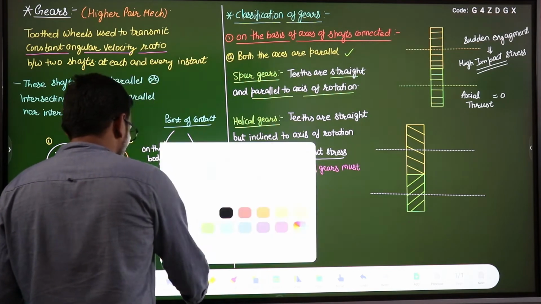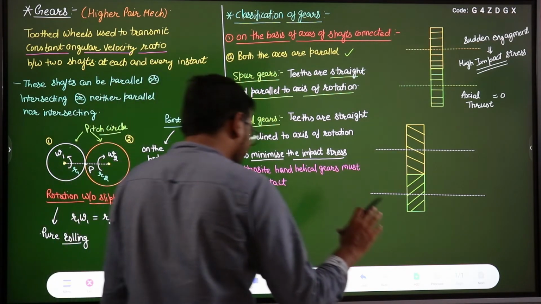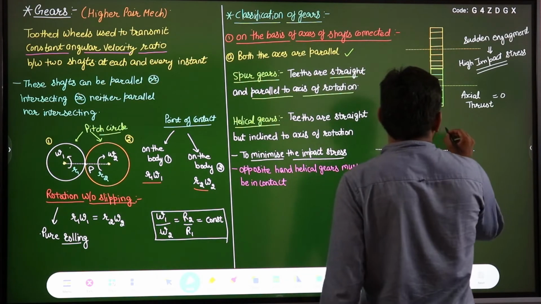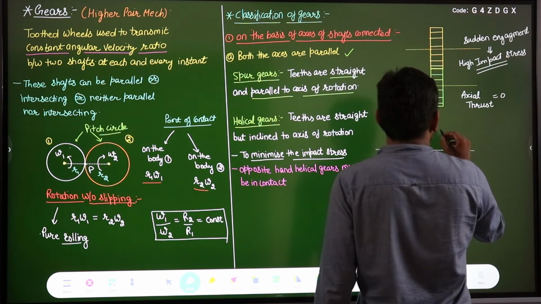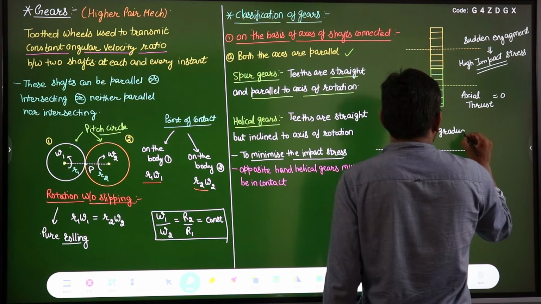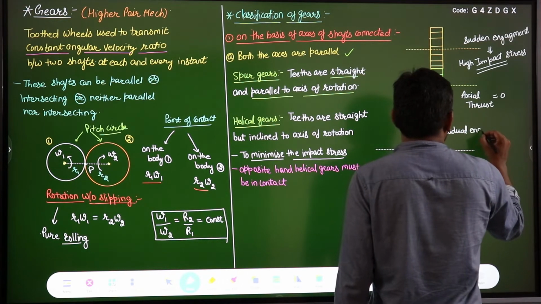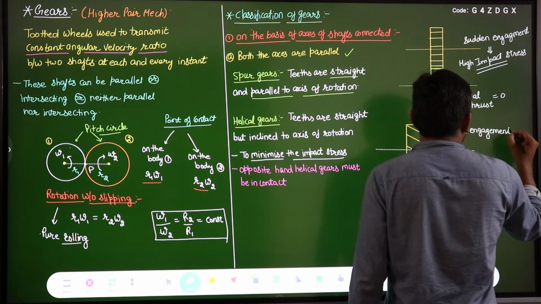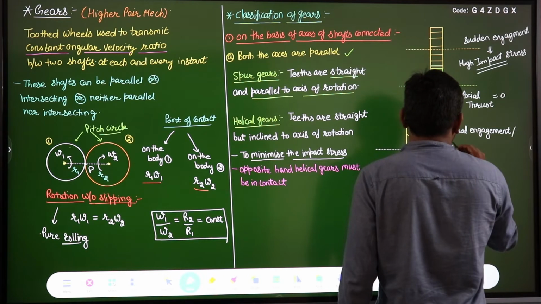Now we can say that in helical gears, we have gradual engagement and disengagement. Here we have sudden engagement and disengagement, but in the case of helical gears, we have gradual engagement and disengagement.